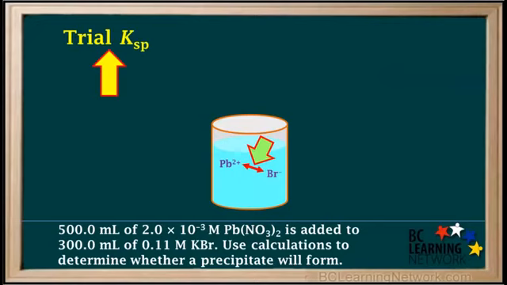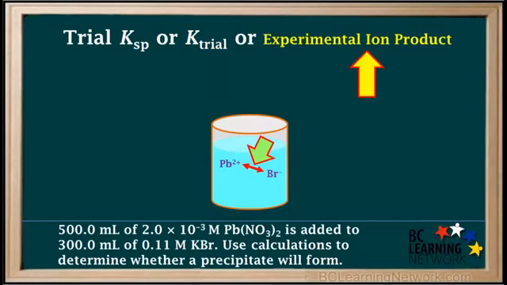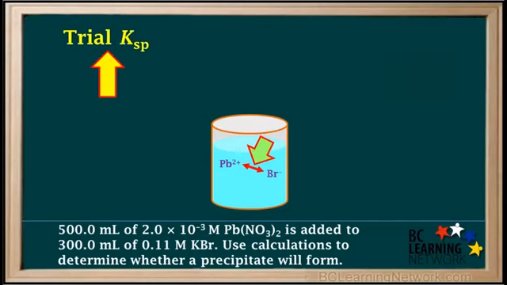In order to find out whether Pb2+ and Br- form a precipitate or not, we need to determine what is called a trial KSP for PbBr2. The trial KSP is sometimes called K-trial, experimental ion product, or simply ion product. Here we'll call it the trial KSP.